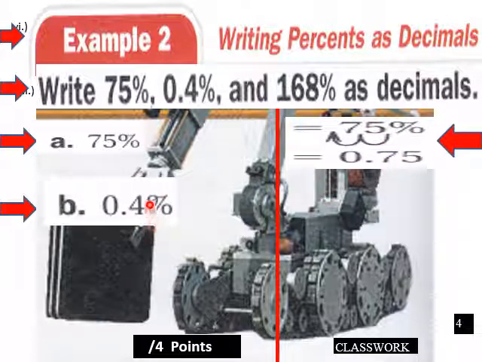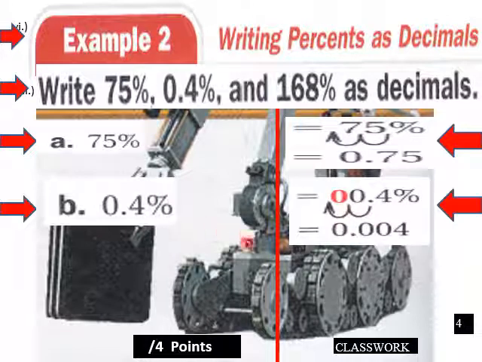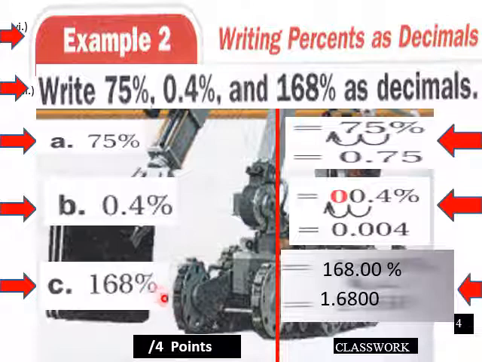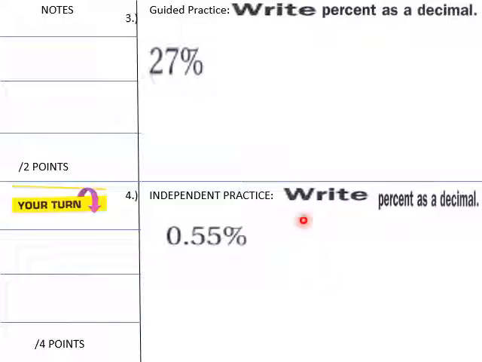And then 0.4%, again, we move it to the left twice, and we get 0.004. And then 168%, we move it to the left. 168% would equal 1.68 as a decimal.